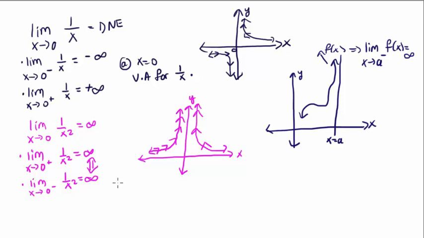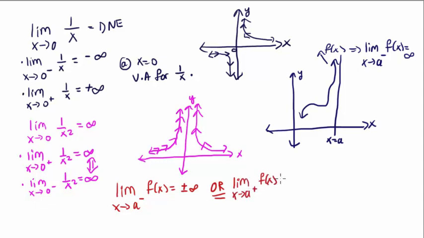So the limit as x approaches a from the negative side of f of x is equal to plus or minus infinity, or the limit as x approaches a from the positive side of f of x is equal to plus or minus infinity, or if both of these are equal to each other, then by default the limit as x approaches a of f of x is equal to positive or negative infinity. If one of these six conditions holds true, then I say there's a vertical asymptote.